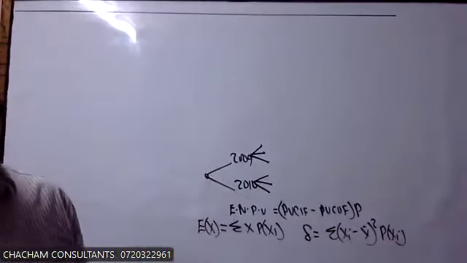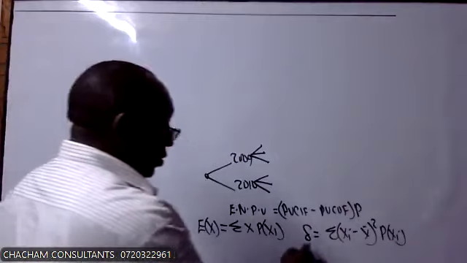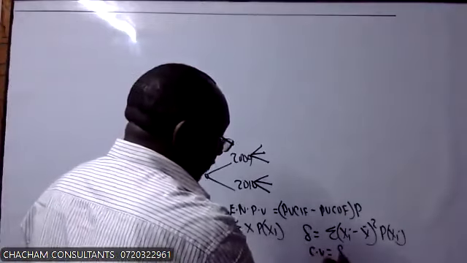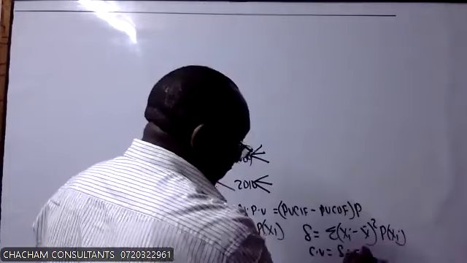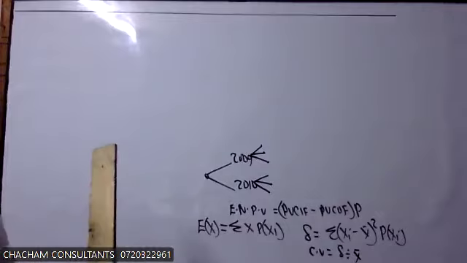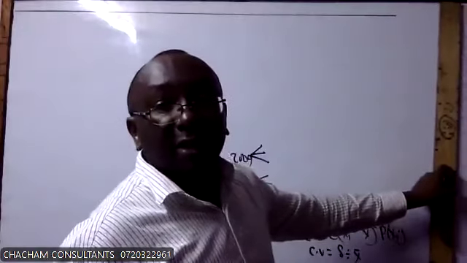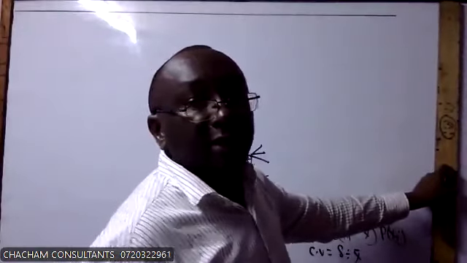And CV, we know it is the standard deviation divided by the mean. So those things should be rotating in your mind so that you are able now to design your question vizuri.